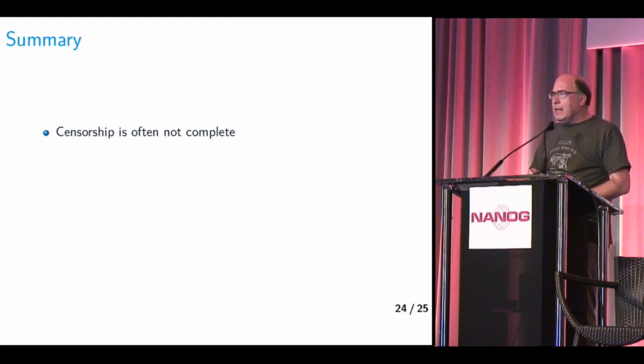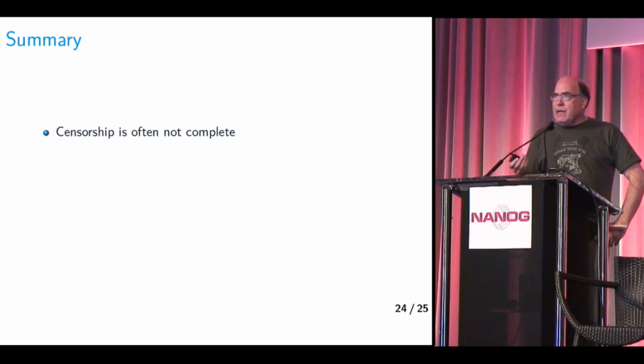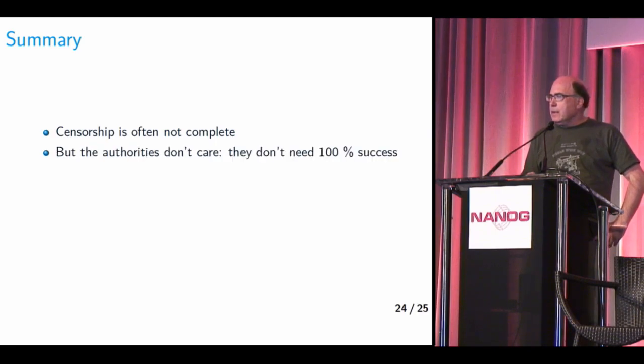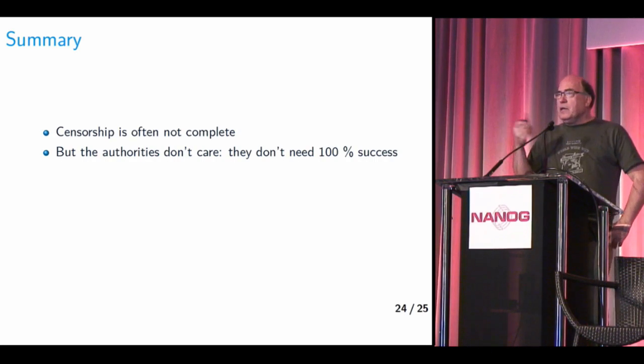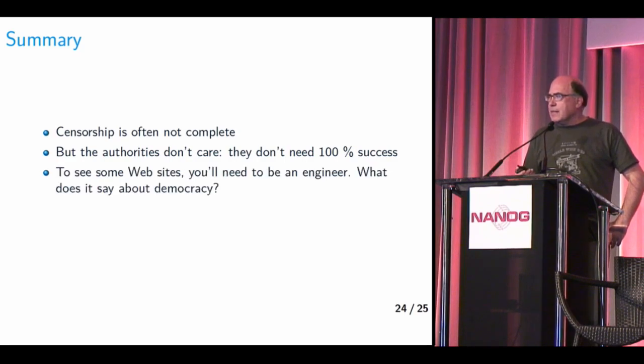So in summary, censorship is not complete. As you have seen from the measurements, there is never 100% success of censorship. There are always workarounds. But most of the time, the authorities don't care because they don't ask for 100% success. Sometimes they just want to make a point. Sometimes they are happy if the ordinary citizen is censored, and they don't care about the rest.